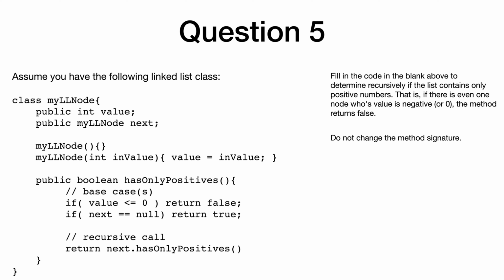So just return whatever he returns. And that's it. It's really just 3 lines. You have your 2 base cases. One is if you're negative. One is if you're the last guy in line. Otherwise, you're really just asking your neighbor whether he has any negatives in his list. All right?